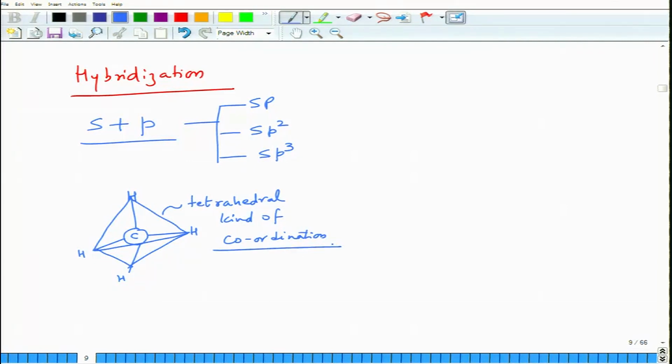So, a tetrahedral kind of coordination. Essentially what happens is that you have one s orbital, this is 2s orbital.